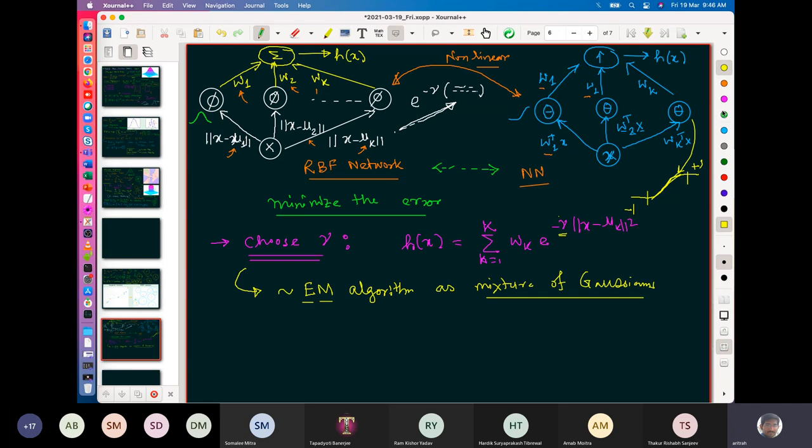So again, this problem, if we look, is NP-hard. So we solve this problem in steps. Step 1: as we will see in detail, I will fix gamma and choose W1 to Wk, the k weights.